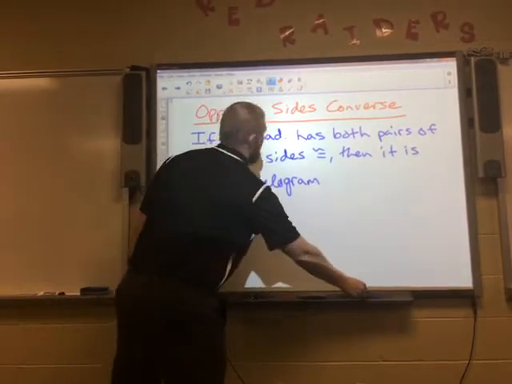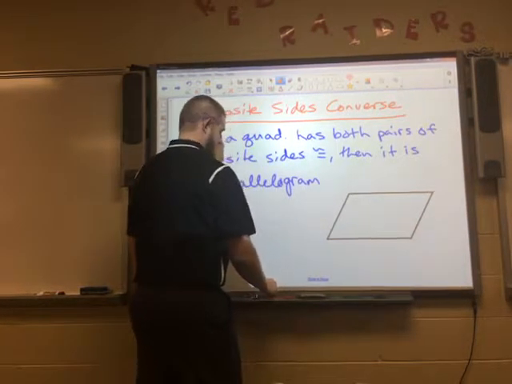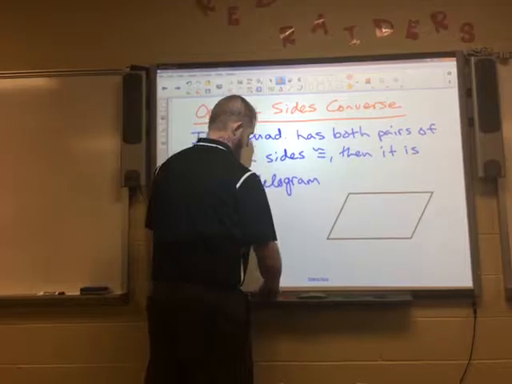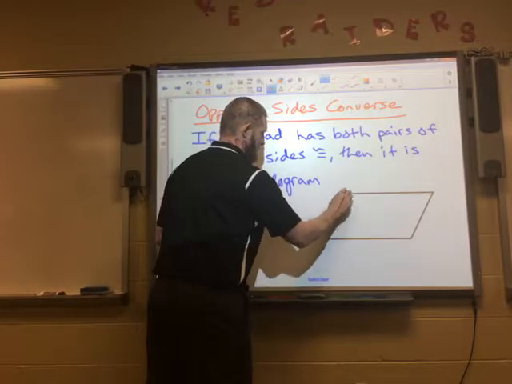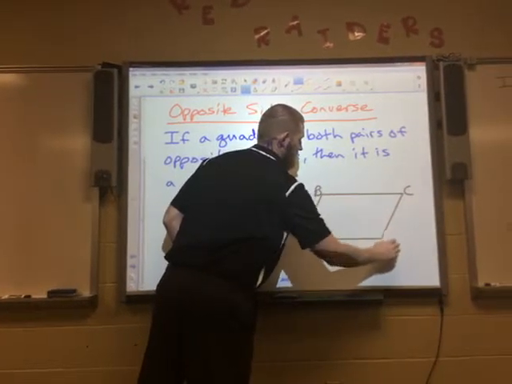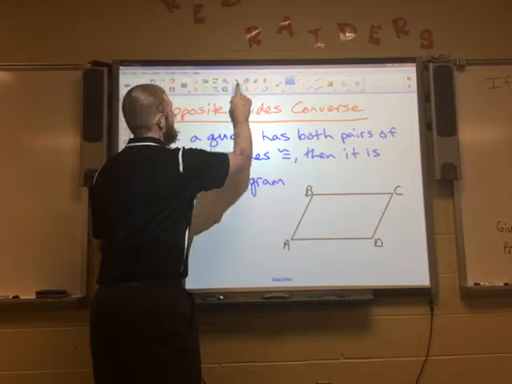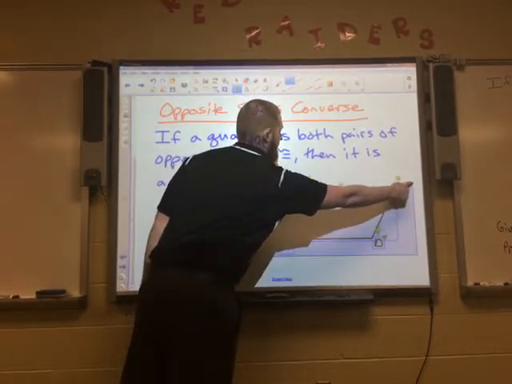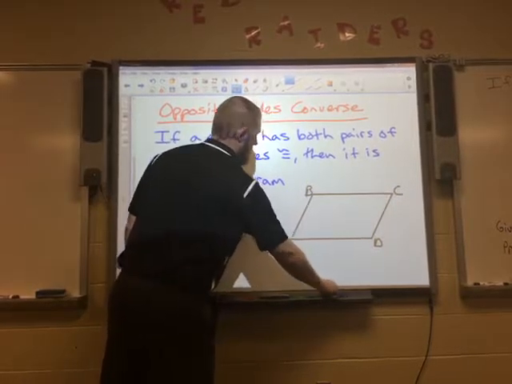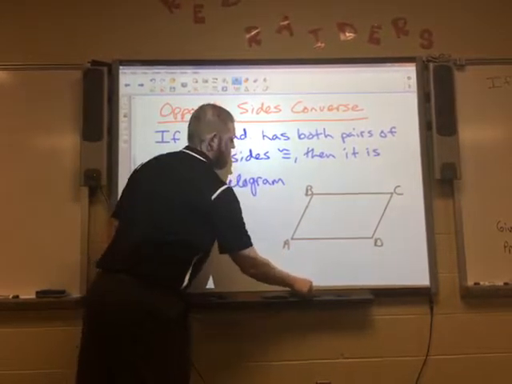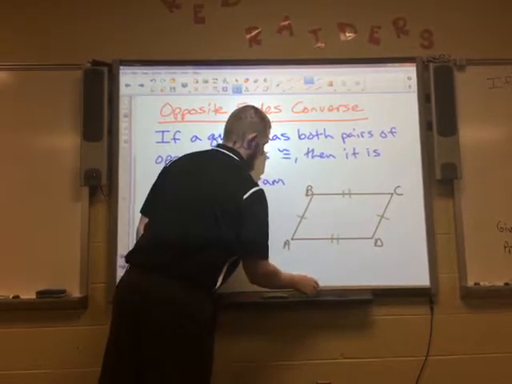And your diagram to go with that is just going to be a quadrilateral. Okay, and it's going to show you that both pairs of opposite sides are congruent.